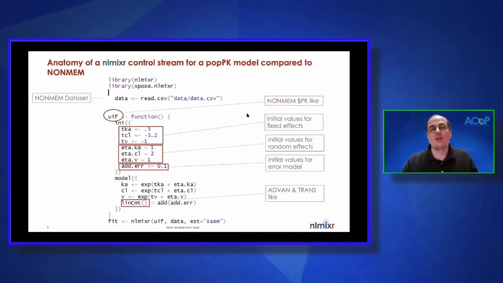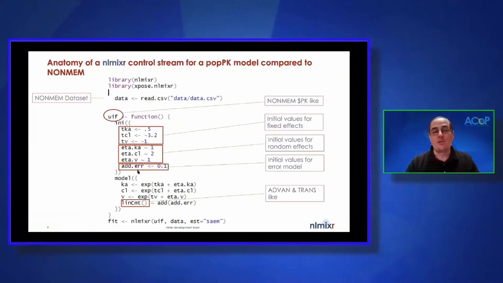This is similar to what you see in an nlmixr type of model. You have your nlmixr library. You then read your data in, and then you have your function. Your function needs to have an INI block and a model block. In your INI block, you have initial values for your fixed effects, and initial values for your random effect model.